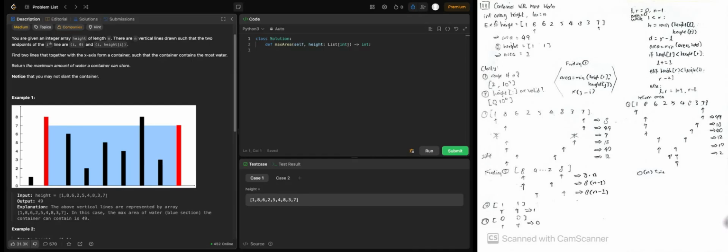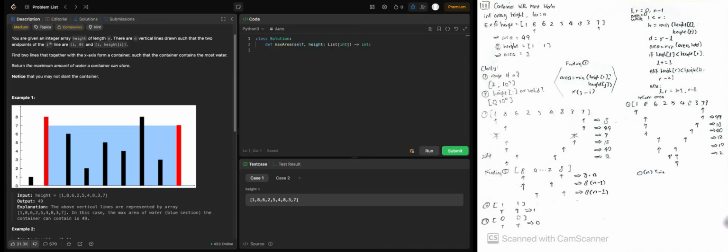Okay, so I need the area, initialized to 0. Then I'm gonna write down the area for the current chosen tower. This would be the maximum of area, and what is that?